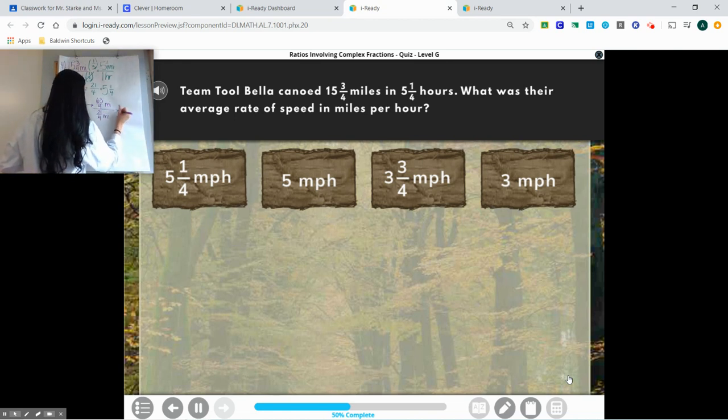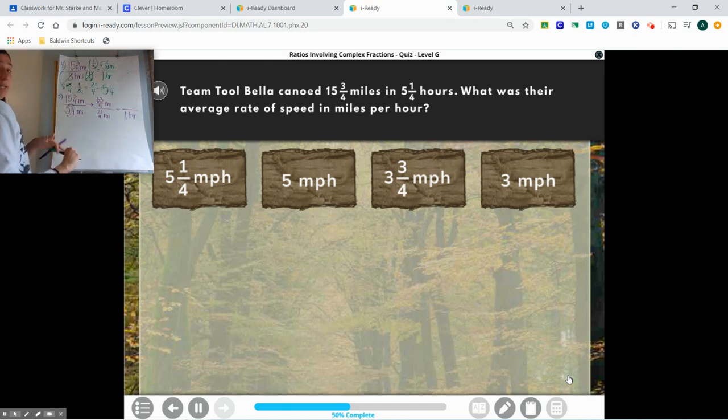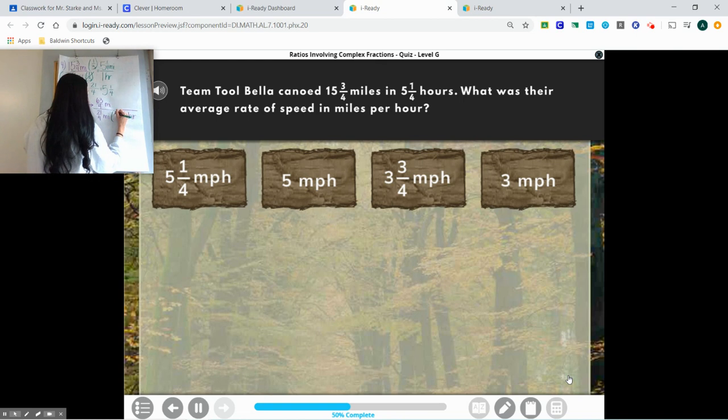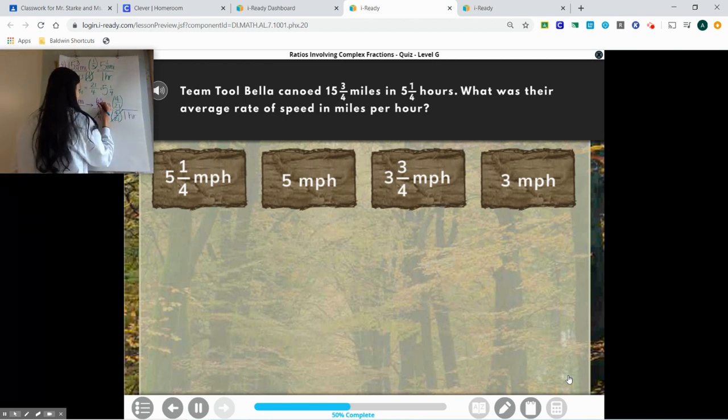Now, we want to get a 1 in our denominator. We're going to multiply by our reciprocal. The reciprocal of 21 over 4 is 4 over 21. These will cancel. Multiply by 4 over 21. Okay, up here, let's see if we can cross reduce. Well, what I do know is that 4 and 4 can both reduce to 1.